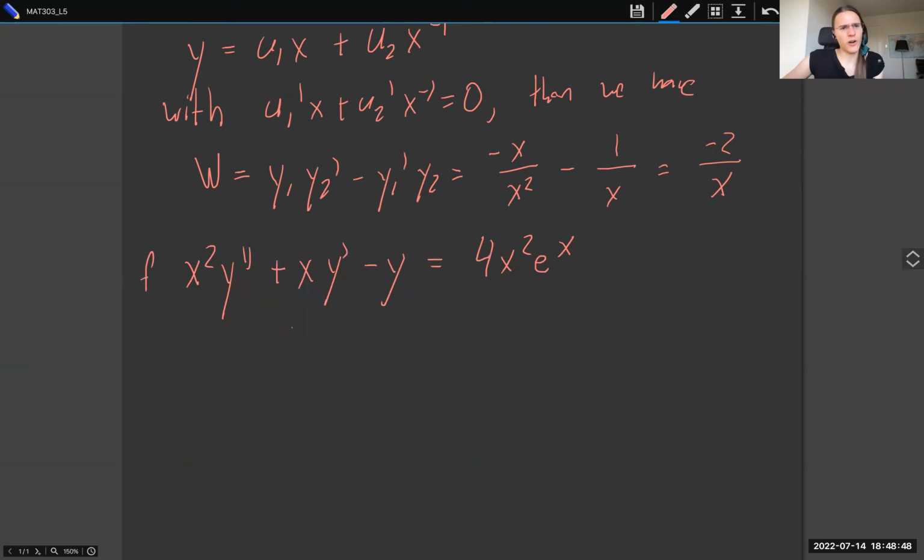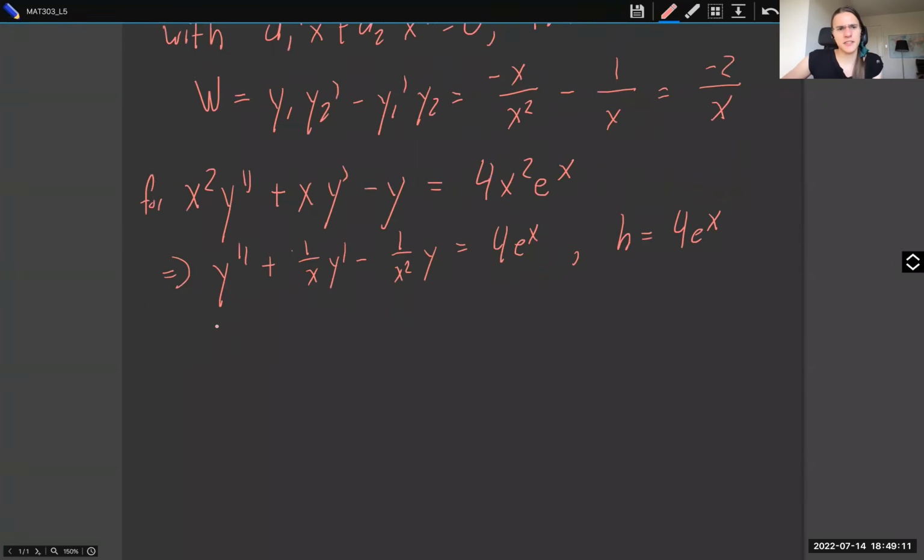So for this equation, which is the same as y prime prime plus 1 over x y prime minus 1 over x squared y is equal to 4 e to the x, h is equal to 4 e to the x, not 4x squared e to the x.